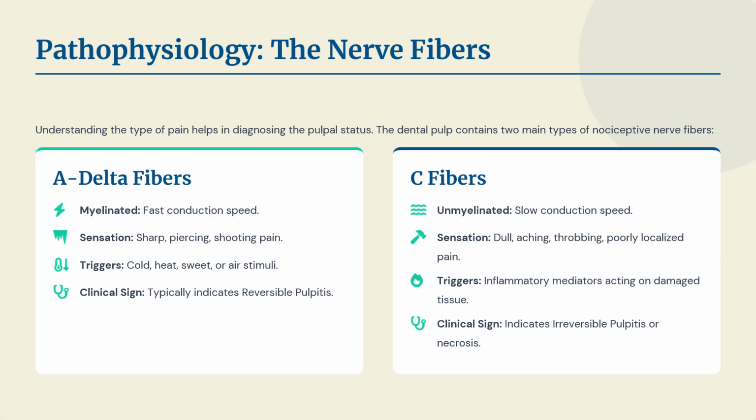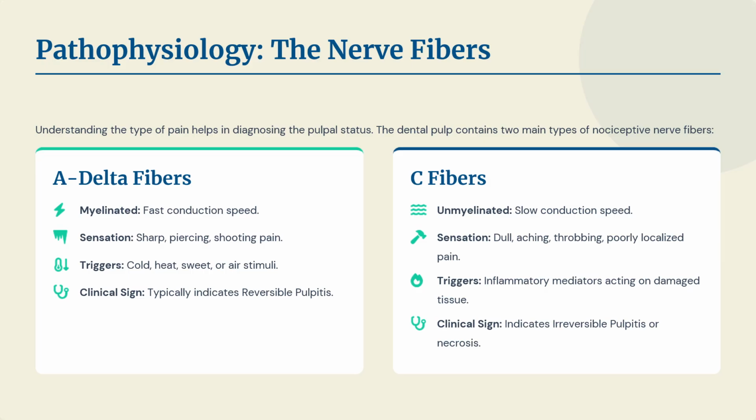Now, if you read endodontics, you know that the sharp, piercing, shooting pain is usually stimulated by certain triggers like cold, heat, sweet, or sometimes air, whereas the dull, throbbing ache is because of inflammatory mediators acting on the damaged tissue.